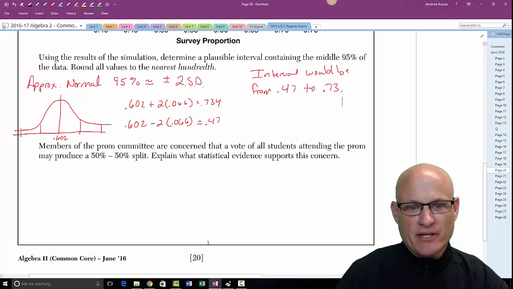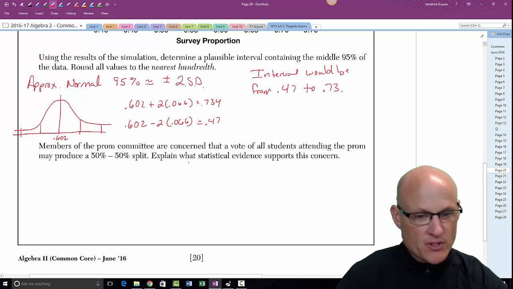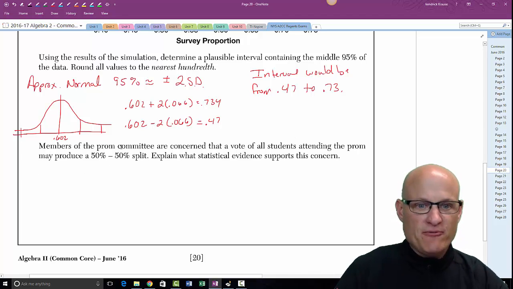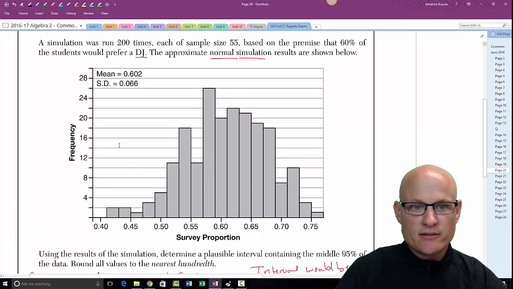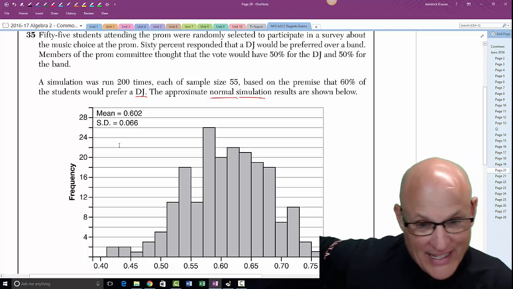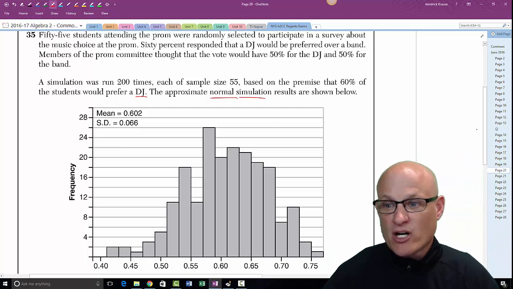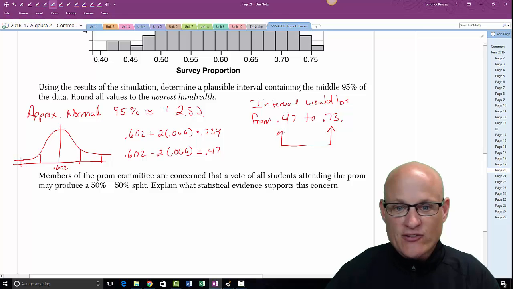Members of the prom committee are concerned that the vote of all students attending the prom may produce a 50-50 split. Explain your reasoning. Based on this premise, a 50-50 split is possible because we are 95% sure that our answer is going to be between 47 and 73.